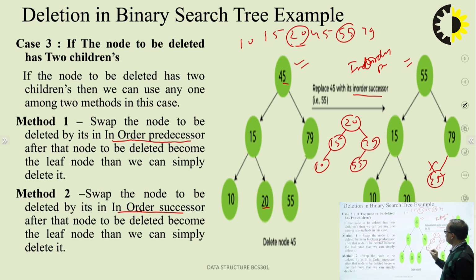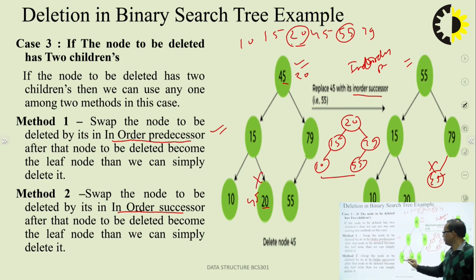So if we use this method, the in-order predecessor, we will swap the 45 node to be deleted with its in-order predecessor, and that is 20. So 45 will become the leaf node and we will simply delete it, and this will be the BST.